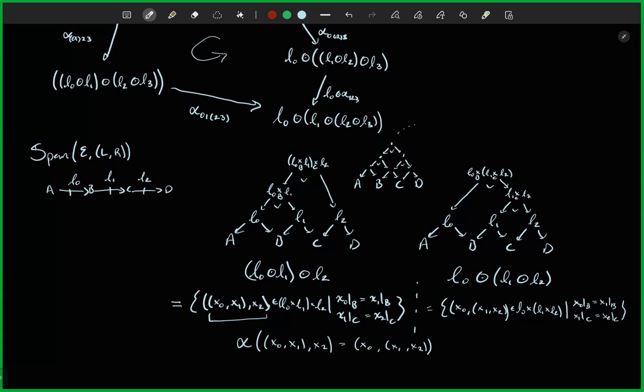So by the way, up here, this is things of the form x naught, x1, x1 prime, x2, such that x naught restricted to b equals x1 restricted to b, x1 prime restricted to c is equal to x2 restricted to c, and x1 equals x1 prime.